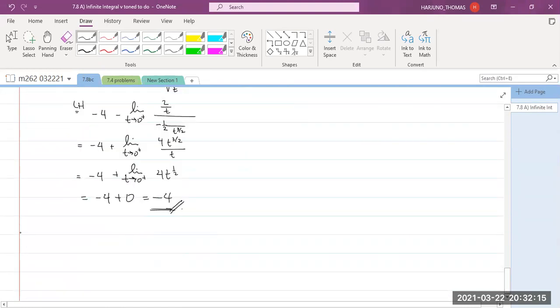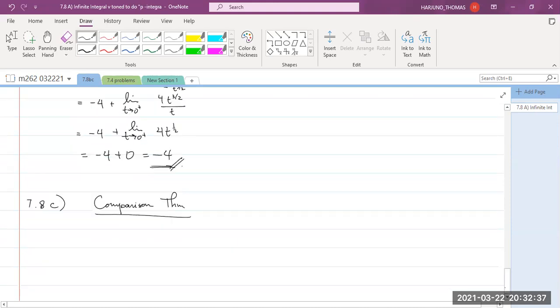The last part of this section, 7.8 part C, is on the comparison theorem.